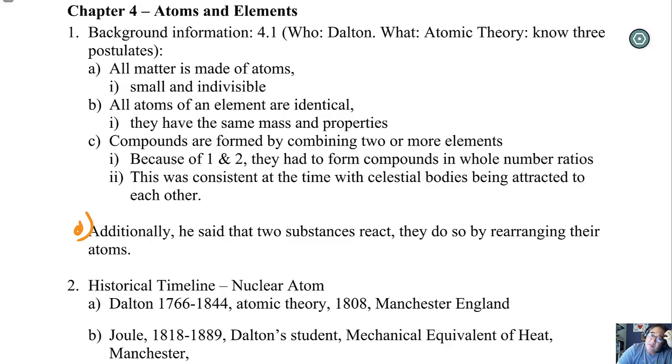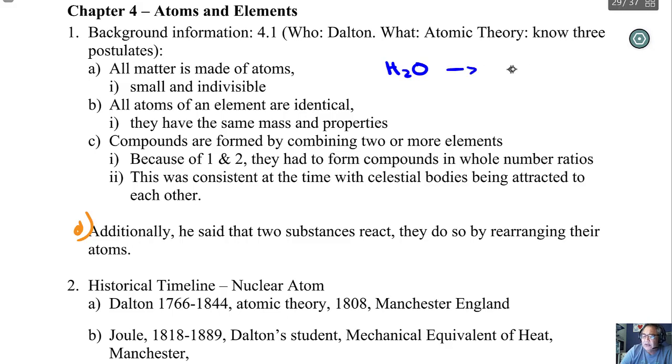And then there was another postulate that he proposed, that when there was a chemical reaction, atoms of a compound would reorganize and form new associations with other elements to form those new compounds. And we kind of know this now because we're perhaps more familiar with formulas like H2O. We talked about that.